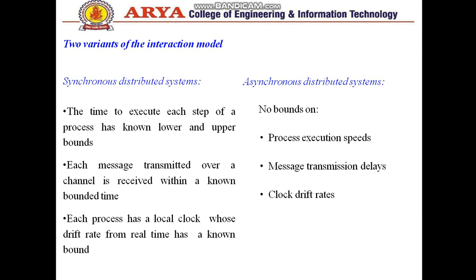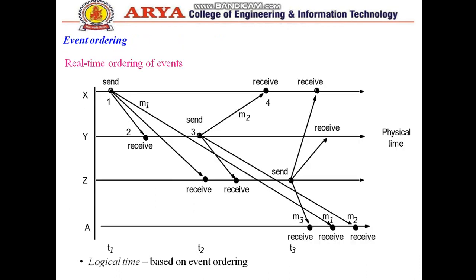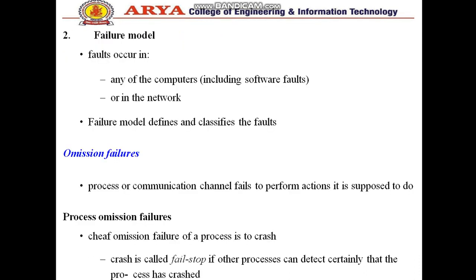Each message transmitted over the channel is received within a known bounded time, and each process has a local clock whose drift rate from real time has a known bound. In the asynchronous system, there are no bounds on process execution speeds. There is no bound on message transmission delay, and there is no bound on clock drift rates.